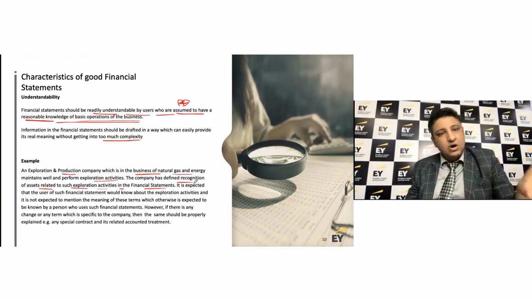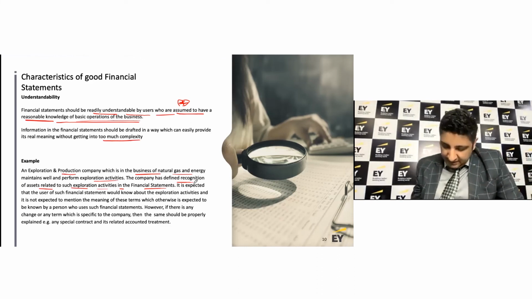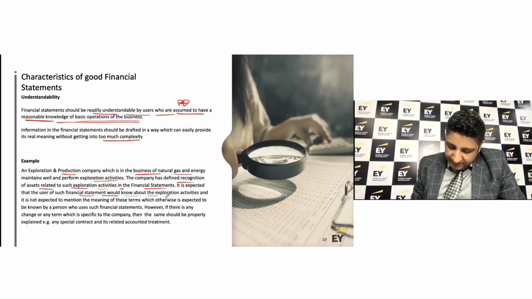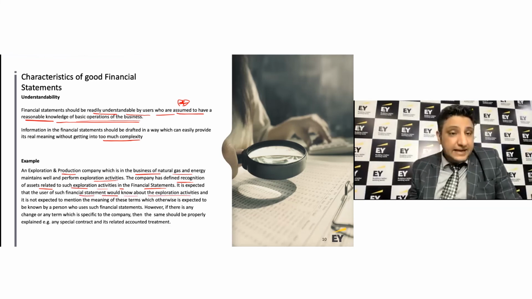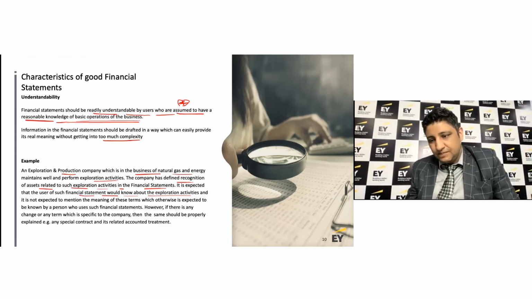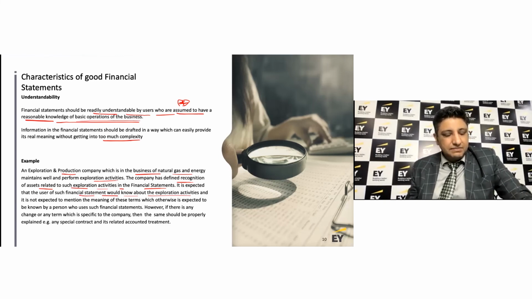Now, it's already a complex business, all right? Of course, the users of financial statements need to understand the business as well. And those basic definitions, the basic terminologies which are a part of this business, you as management are not supposed to, let's say, give details of what is the meaning of mining, what is exploration, what are the different processes.